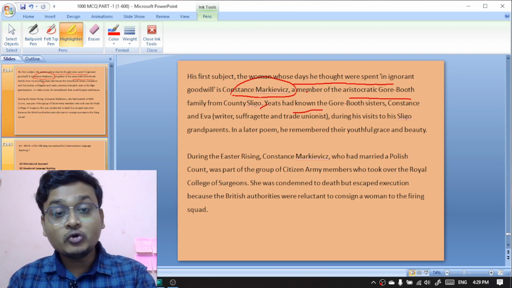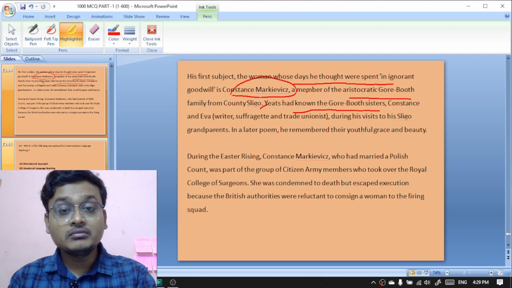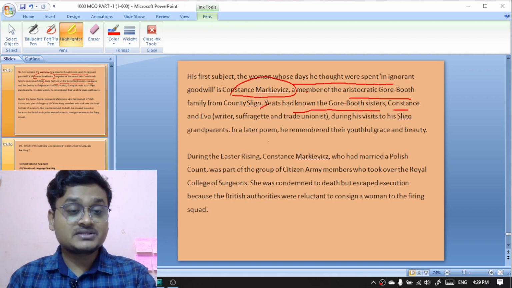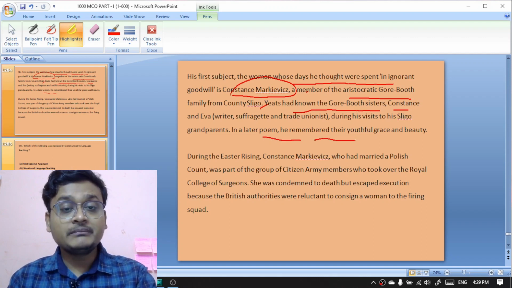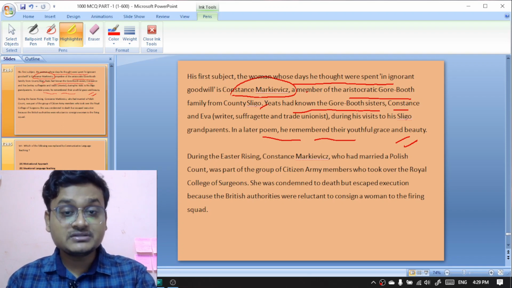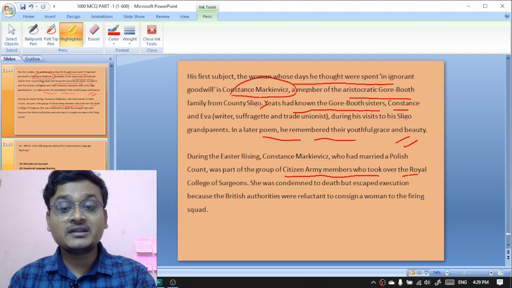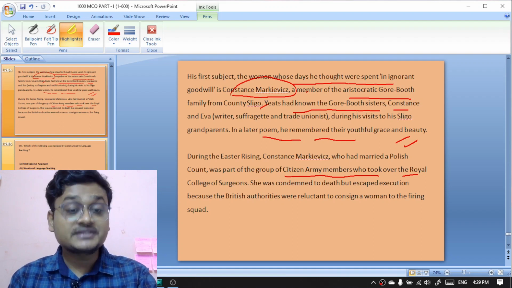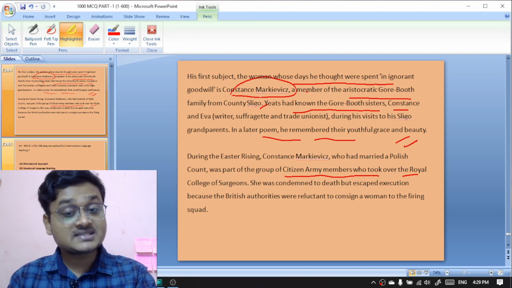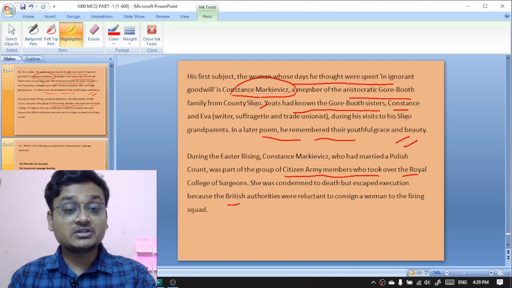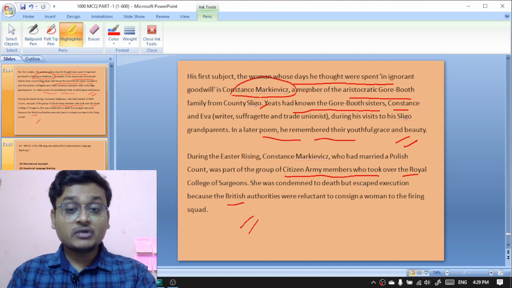Yeats had known the Gore-Booth sisters, Constance and Eva, during his visits to his Sligo grandparents. In a later poem, he remembered their youthful grace and beauty also. During the Easter Rising, Constance Markievicz, who had married a Polish count, was part of the group of Citizen Army members who took over the Royal College of Surgeons. She was condemned to death but escaped execution because the British authorities were reluctant to consign a woman to the firing squad.